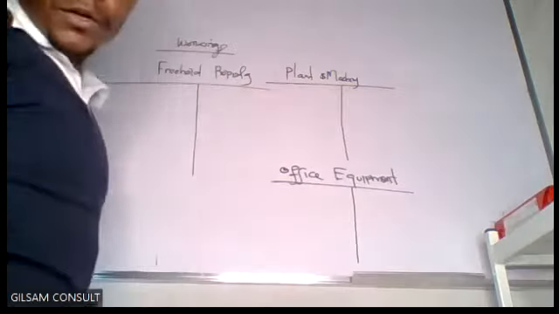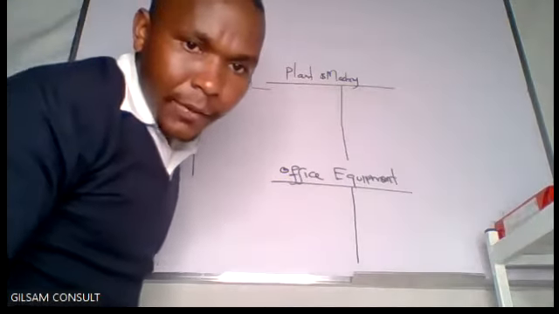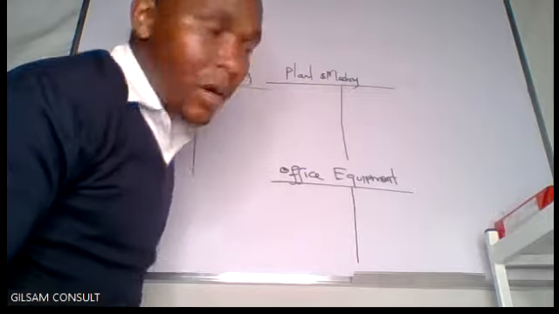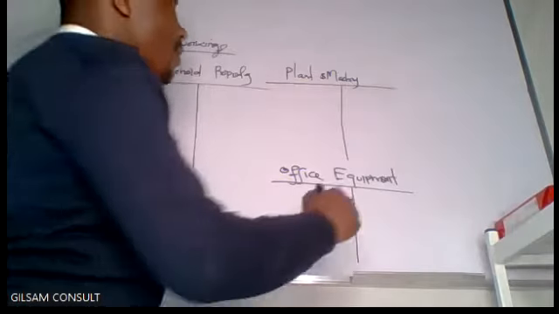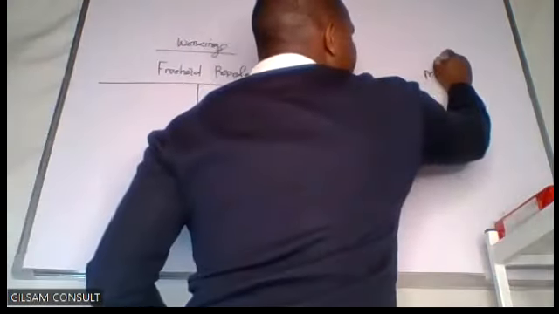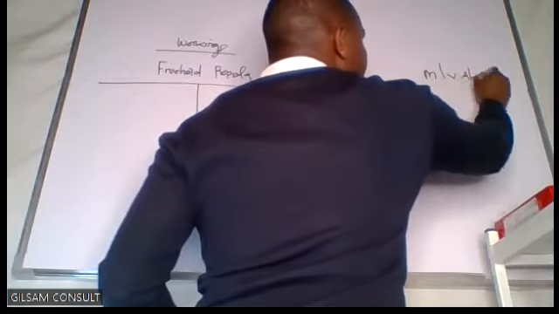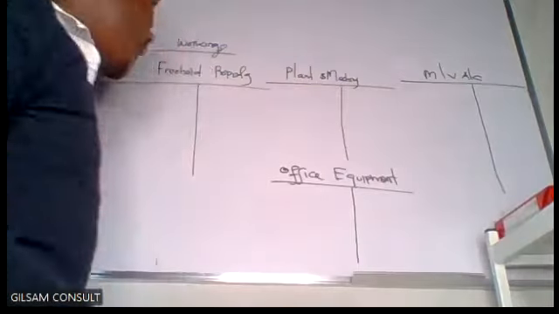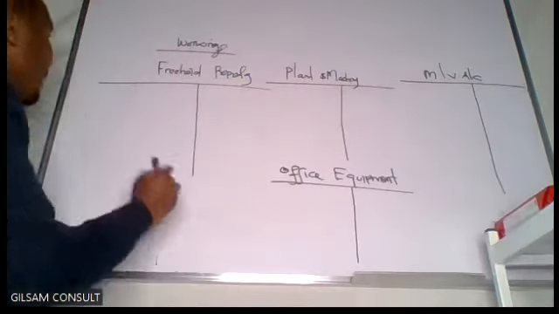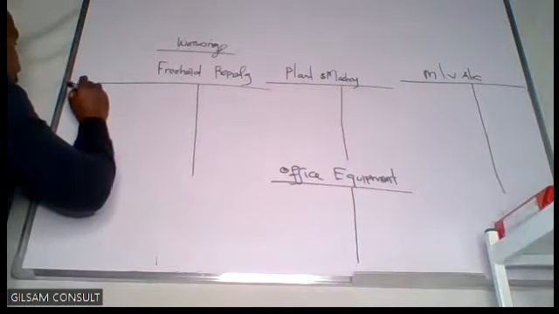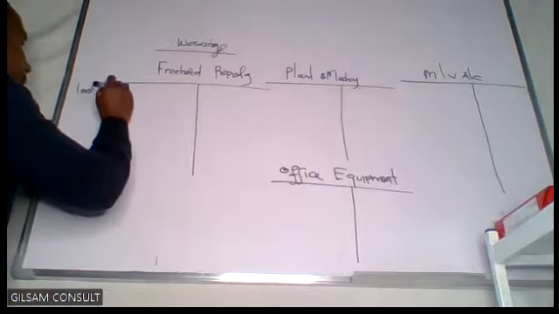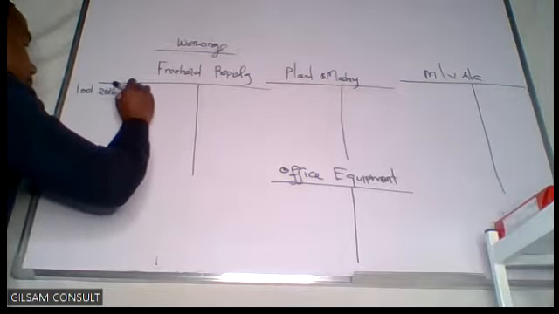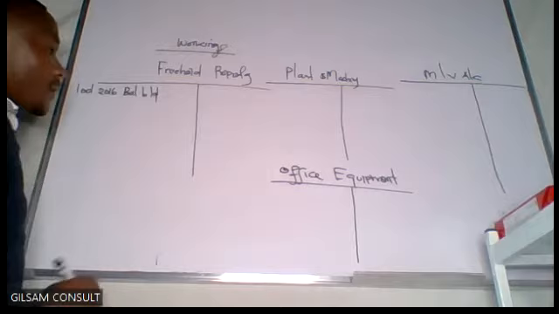So you open all of them. And then we have another one, motor vehicle. I will write it here. Motor vehicle account.